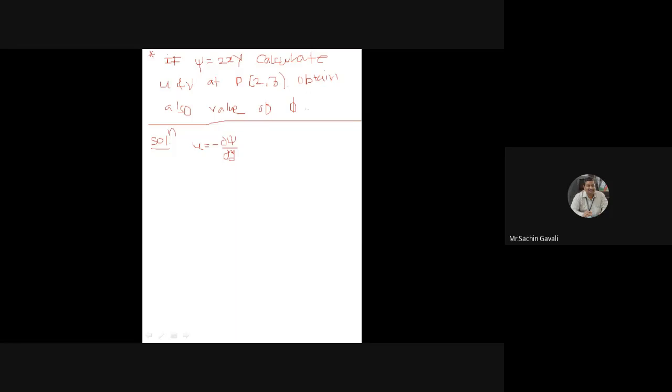And therefore u is equal to minus, in bracket, dou psi by dou y. What will be the value? 2x, and it is equal to minus 2x.